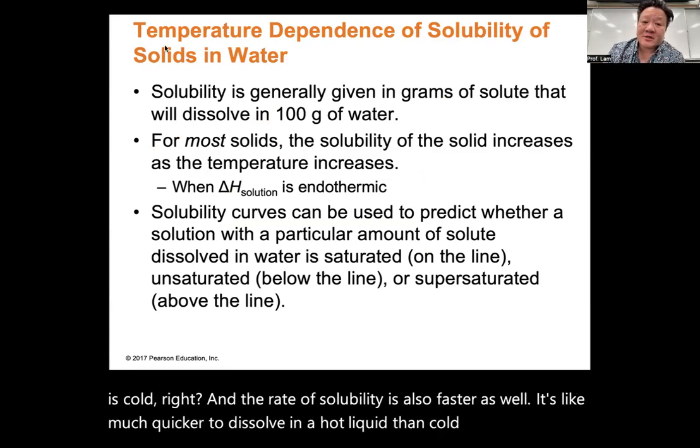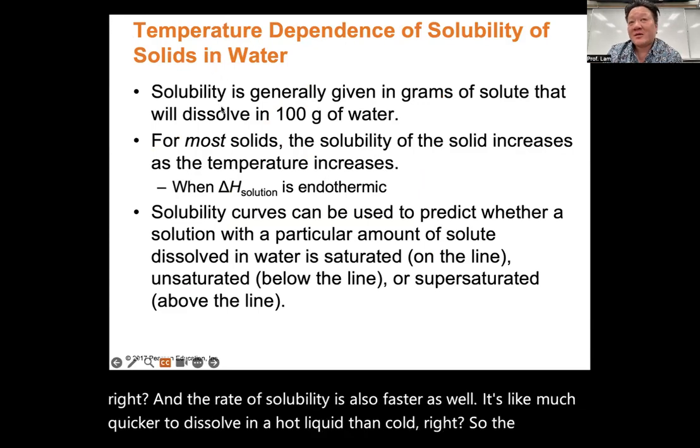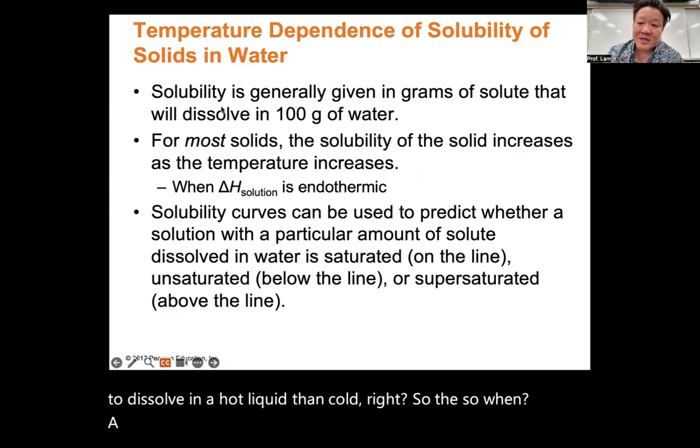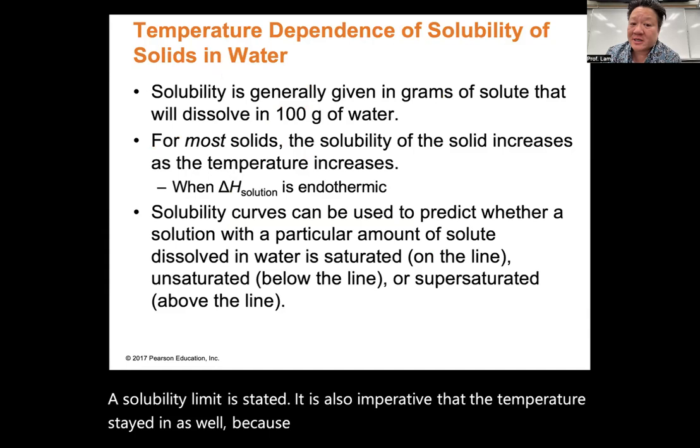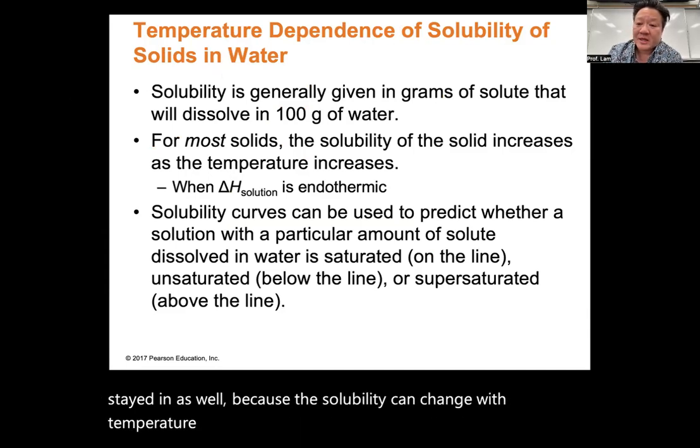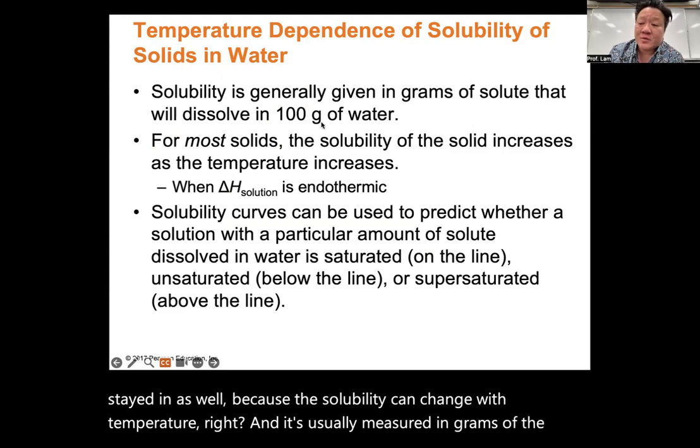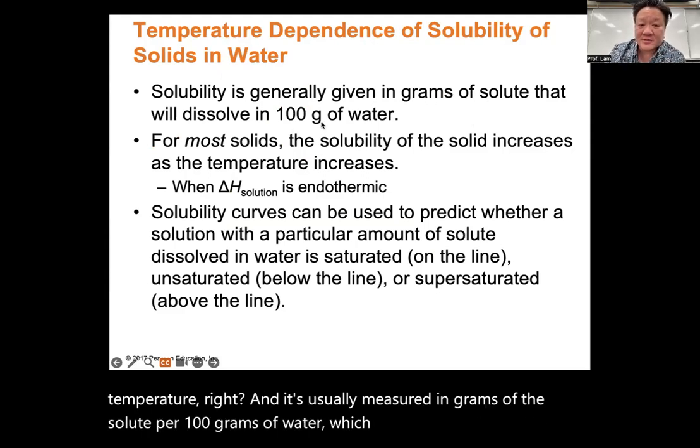So when a solubility limit is stated, it is imperative that the temperature is stated as well, because the solubility can change with temperature. It's usually measured in grams of the solute per 100 grams of water, which is the solvent.